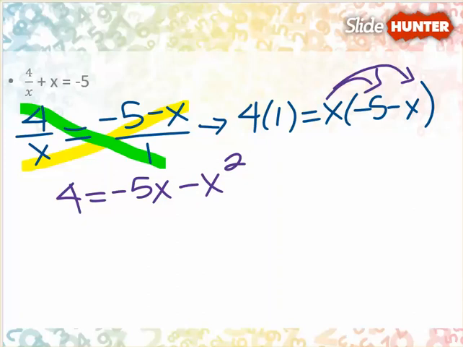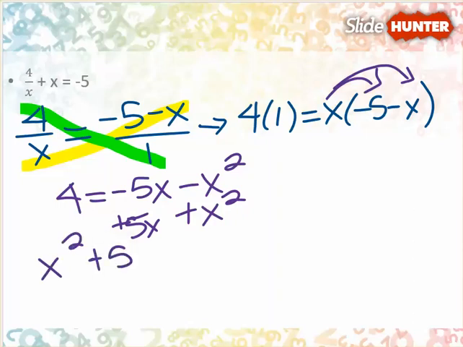Since I have a negative x squared, I'm actually going to go ahead and move that to the other side. So I'm going to add x squared, and I'm going to add 5x. This way I get rid of my negatives. So this is actually equal to x squared plus 5x plus 4 equals 0.